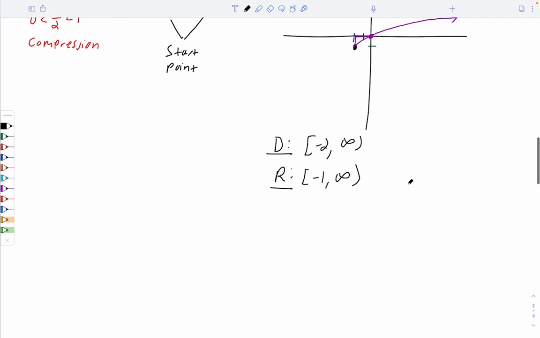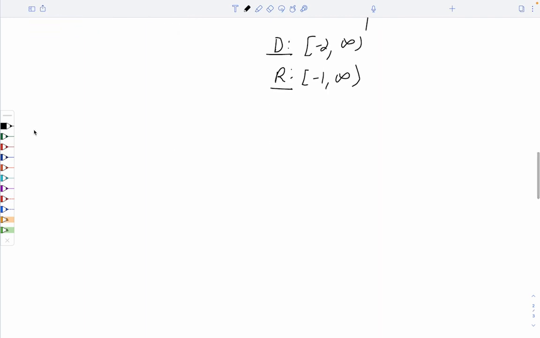Okay, let's do one more graph. Number 3, f of x equals 3 minus 2 square root x minus 1.